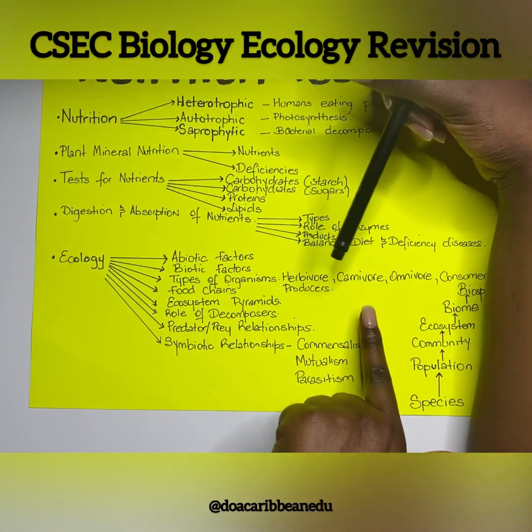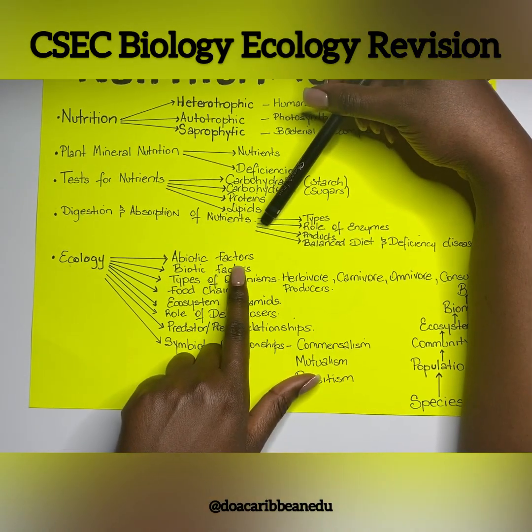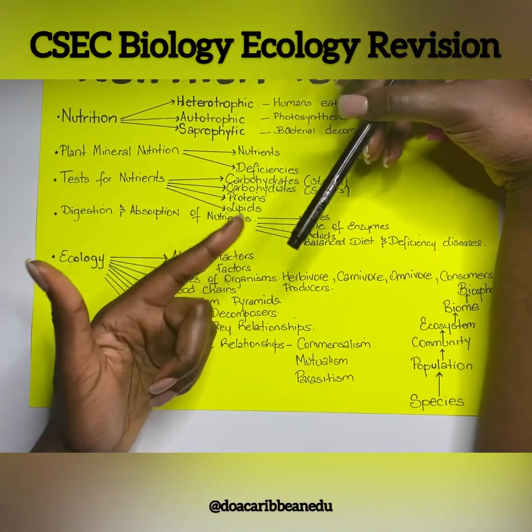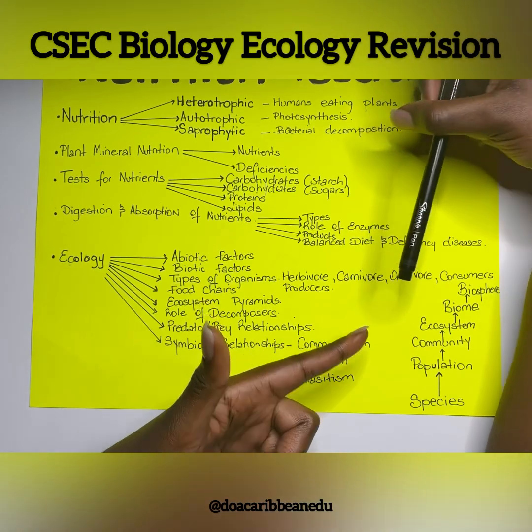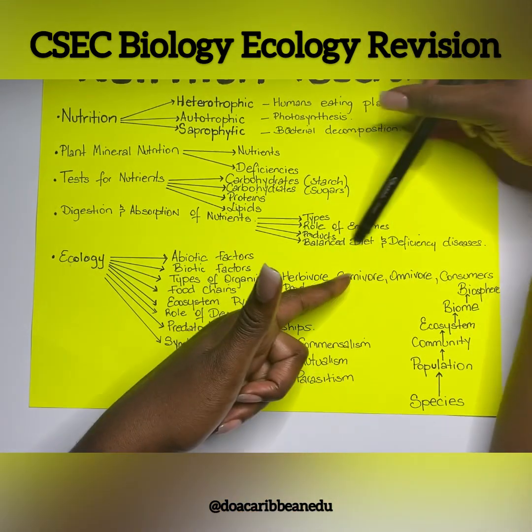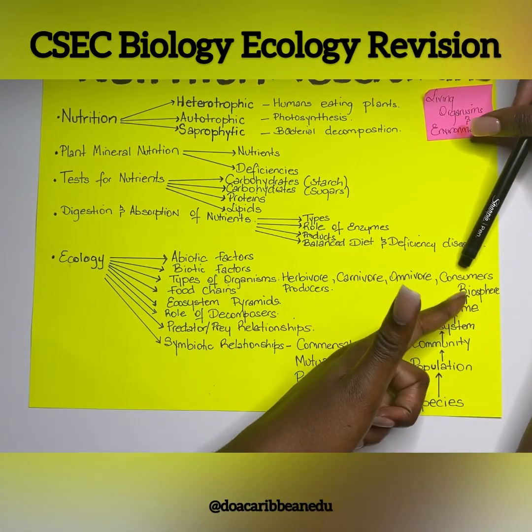Herbivores then feed on these autotrophs, and the energy flows from herbivores to carnivores or omnivores, and we call these three consumers.